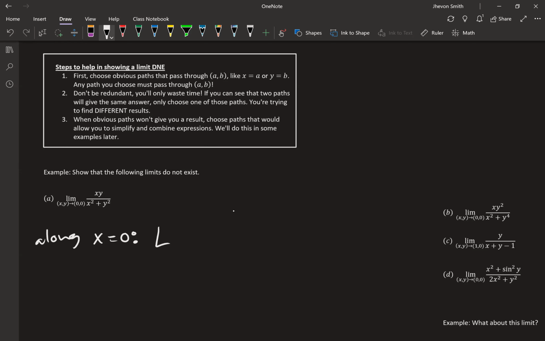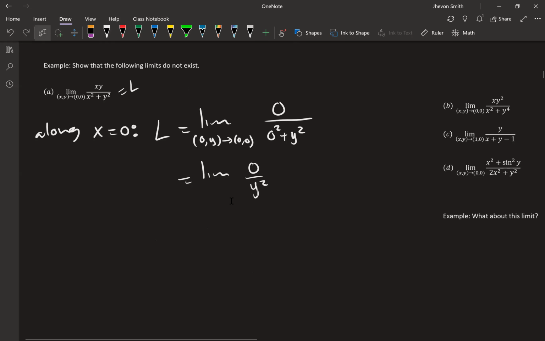What is my limit going to be? I'm calling the limit L. Well, this would be the limit as 0 comma y, because remember my x is 0, approaches 0 comma 0. What does that mean? Well, there's 0 over 0 squared plus y squared. That is just the limit of 0 over y squared, and the y is getting close to 0. That is 0.